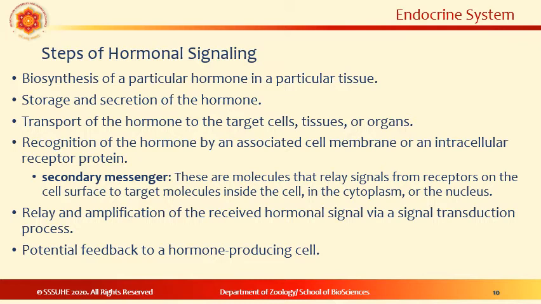Then a relay and amplification of the signal received at the receptor continues as a signal transduction process. Feedback mechanisms help in control of the hormone at the producing cell, and degradation of the hormone controls the biological activity of this hormone in the tissue cells.